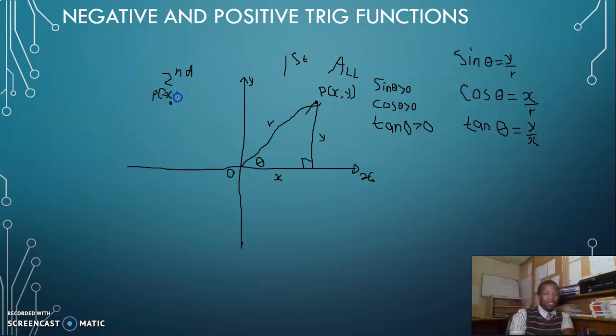And then what about our y? Our y is still here, so it's still positive, right? And then we draw a line from here to here, and then we bring a line down here. So if you are supposed to draw a sketch in this quadrant, you must draw it like this. We'll explain later why we need to do it like that. Now we've got our x that is negative here. I am talking nonsense. Let us wipe this down.